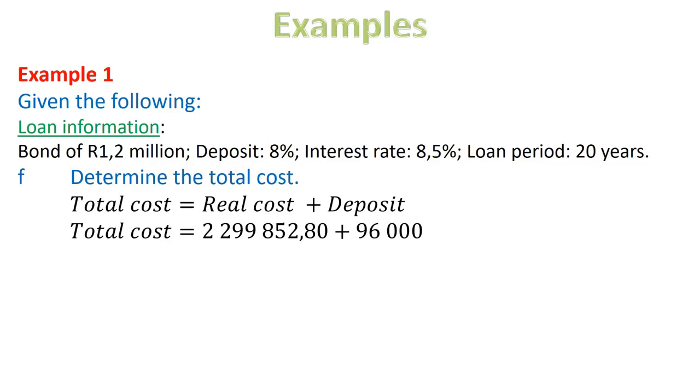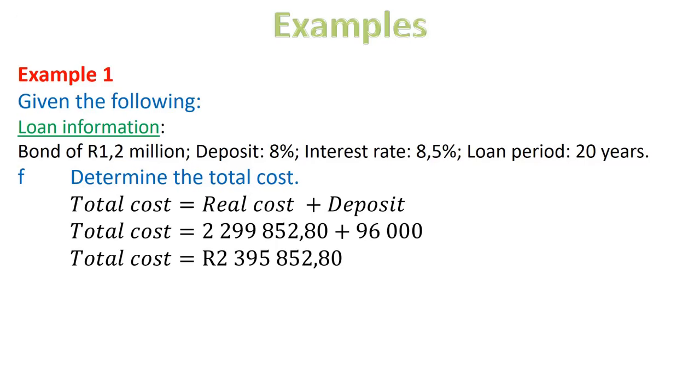We put that in our calculator, we get our answer, and that means our total cost equals 2,395,852.80. Alright, so that's the total cost of our loan. And those are the 6 things that we need for most of these types of examples.